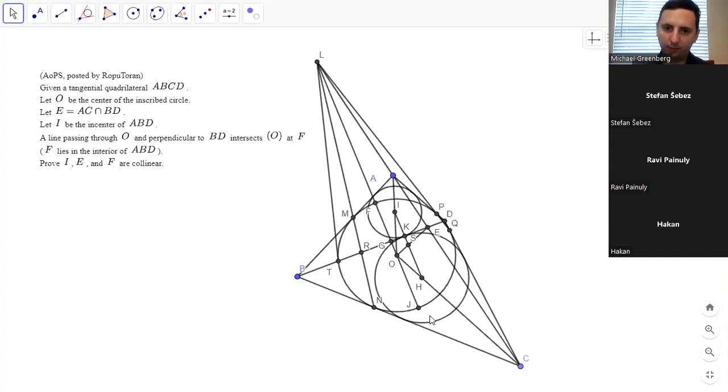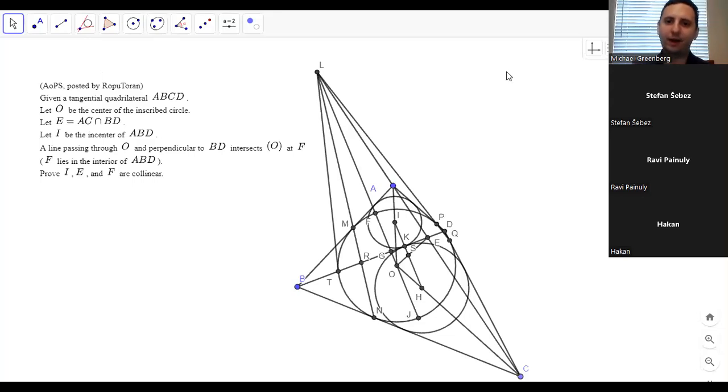I don't know how helpful that is, but yeah, oh yeah, FT squared over TJ squared. So basically we want to show FT squared over TJ squared is IK over KH.